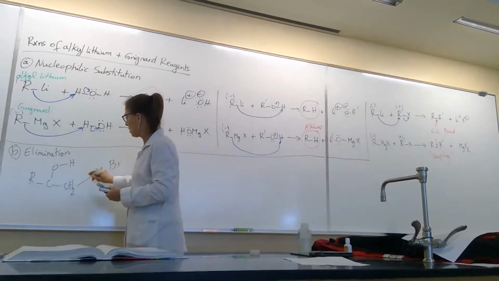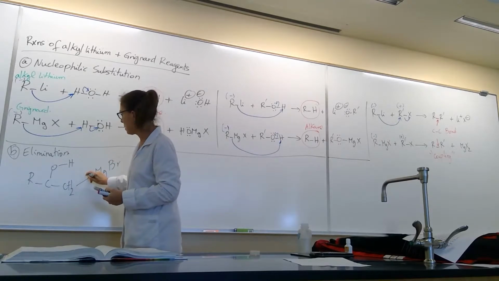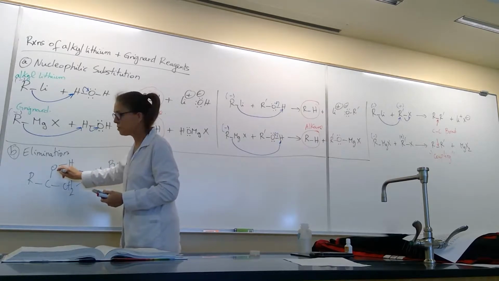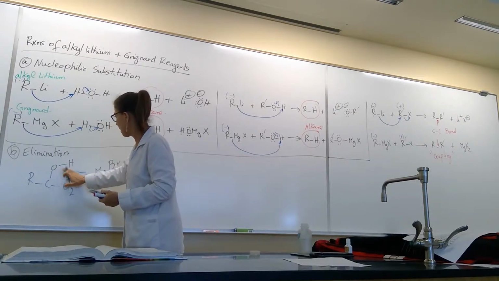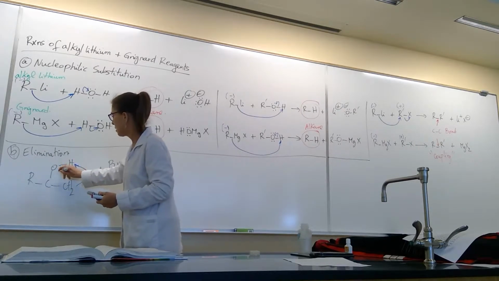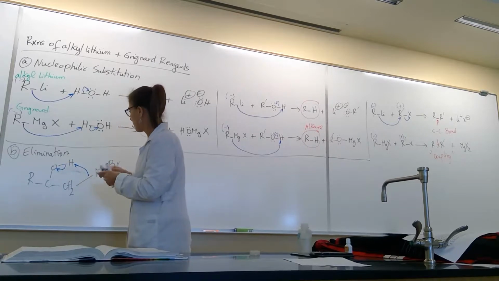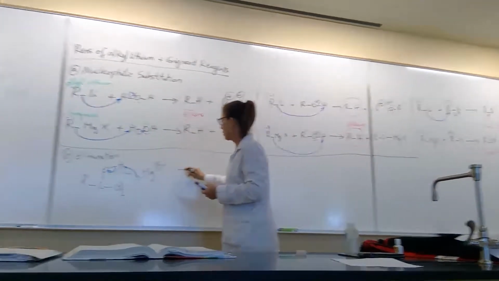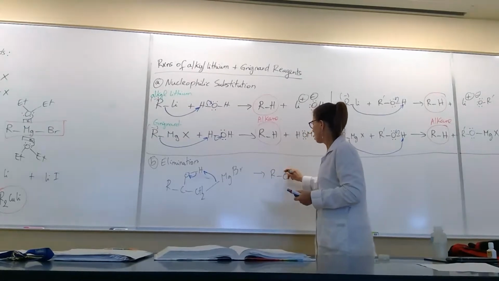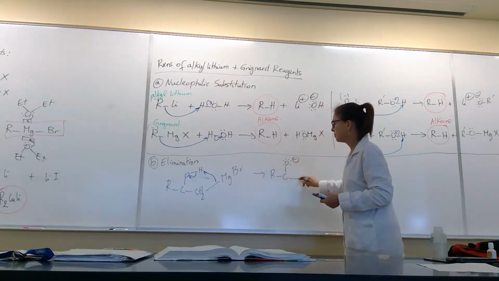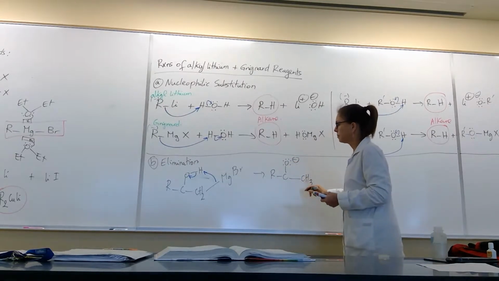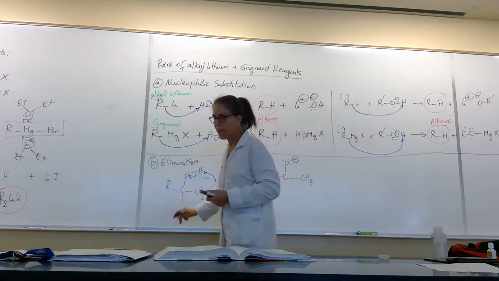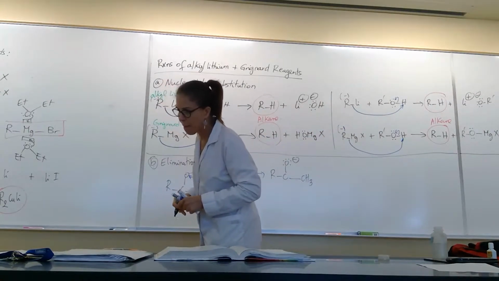this goes, because this is negative, it goes to the hydrogen, sorry. Every time there is an H, and this goes here. So you end up with RCO minus, and then CH3, something like this.